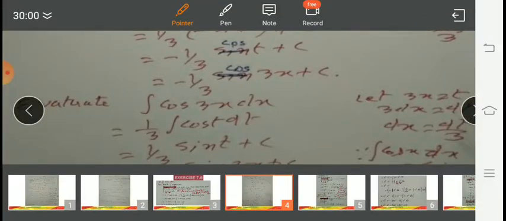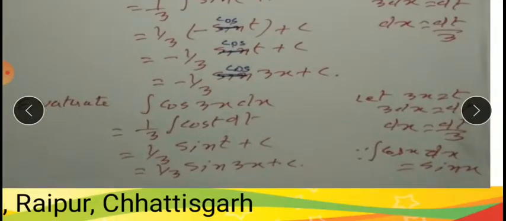Wherever in questions I do integration cos 3x, I will explain that integration cos 3x is directly 1 upon 3 sin 3x. How is it? This is the process.